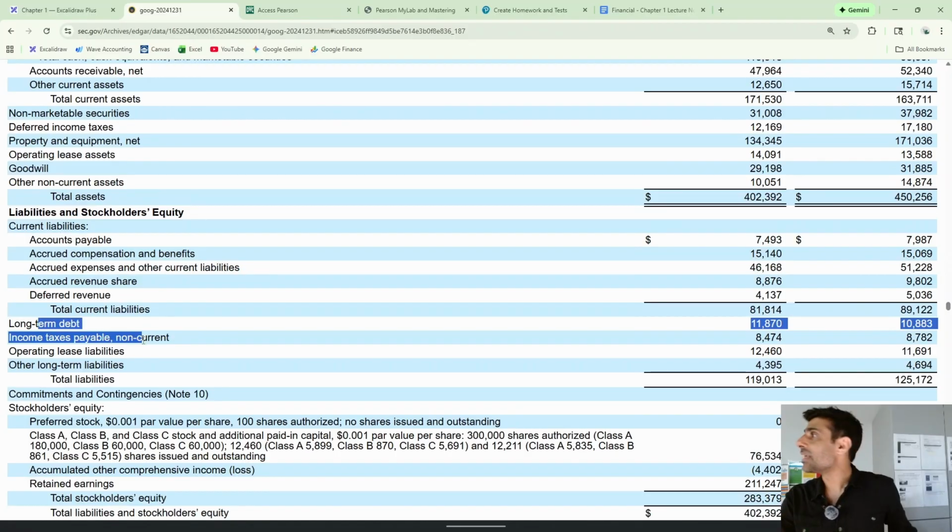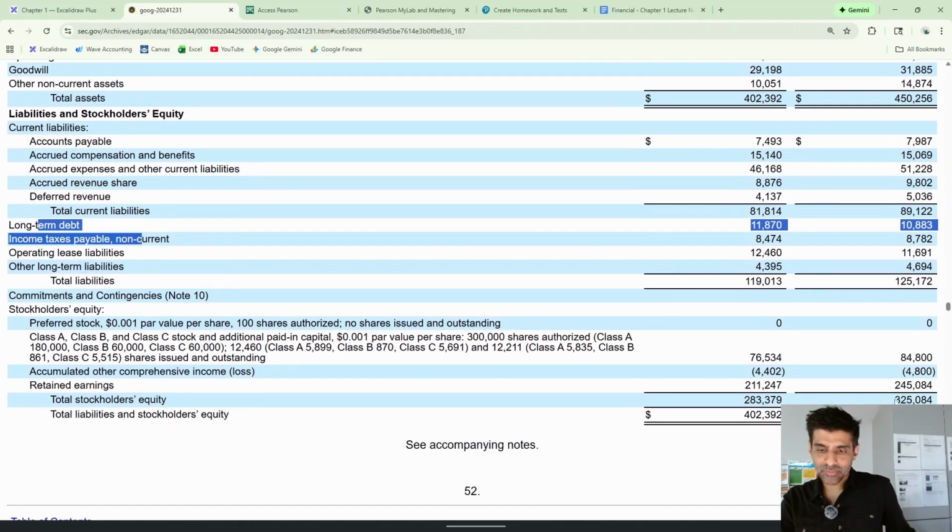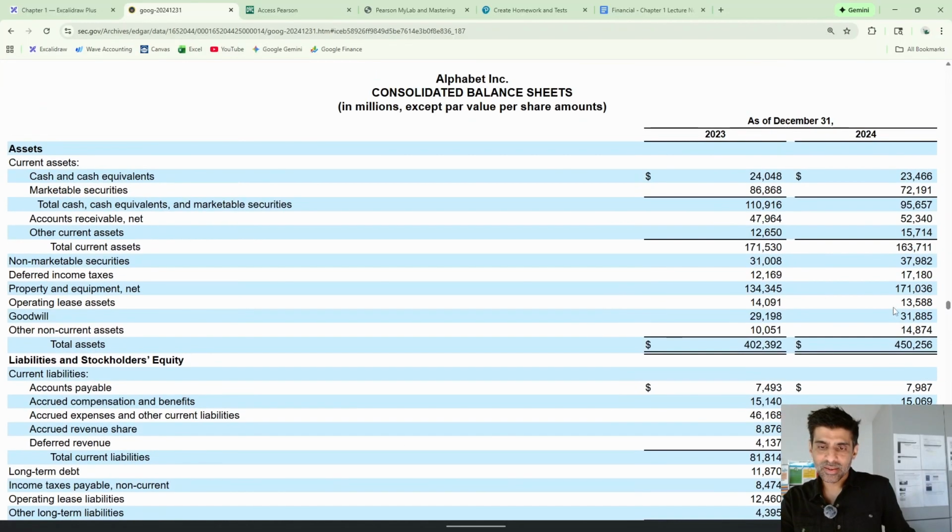They have debt. They've borrowed money. And then at the end here, we have this total equity of 325 billion. And you can see here that their total liabilities and equity, 450 billion, 256, is equal to their total assets, 450 billion, 256. Okay? So this accounting equation is represented right here.